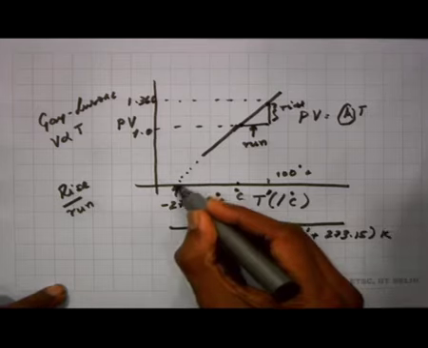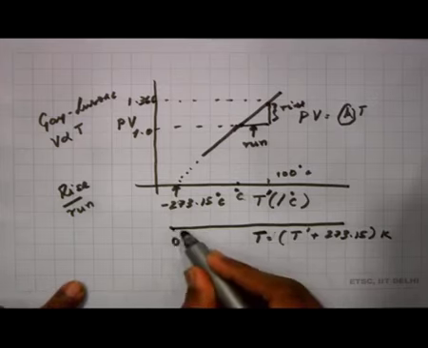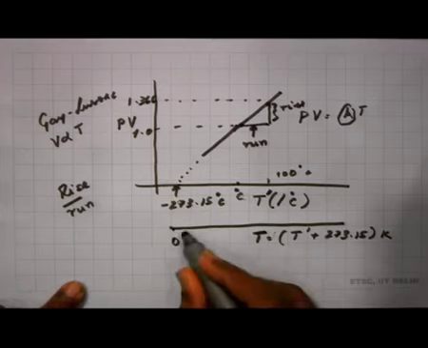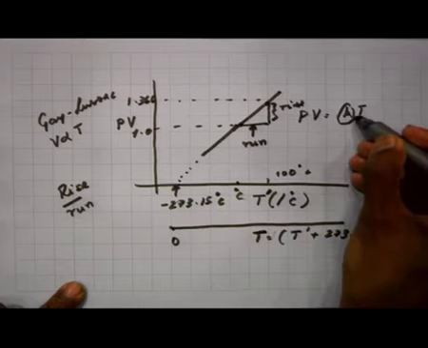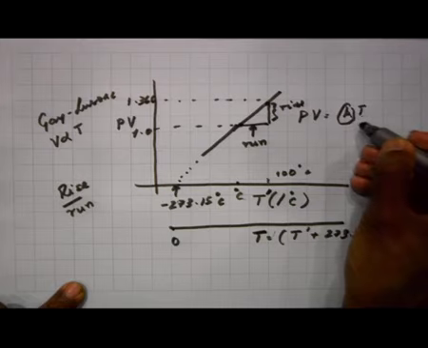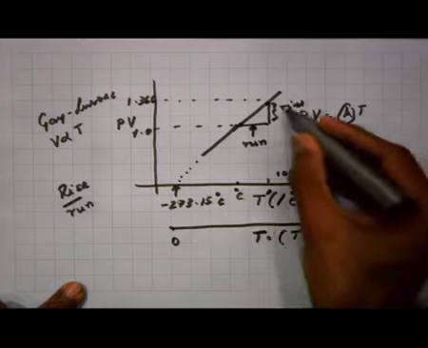What we are saying is that this point corresponds to 0. So, if I plotted it on the Kelvin scale, this will pass through 0 because it has no intercept, and this slope would correspond to this rise.